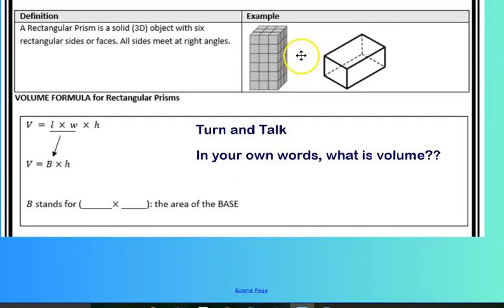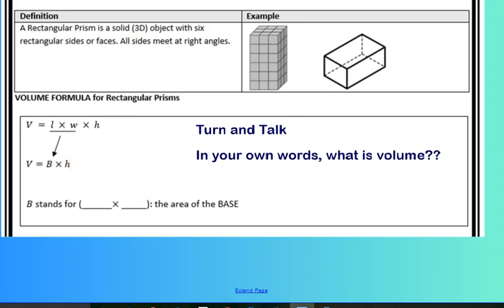The way that we find the volume of a rectangular prism is we look for how many cubes could fit inside of that box. The way that we find out how many cubes can fit inside that box is by multiplying length times width times height. There's another way that we can do that. We can multiply the base times height.